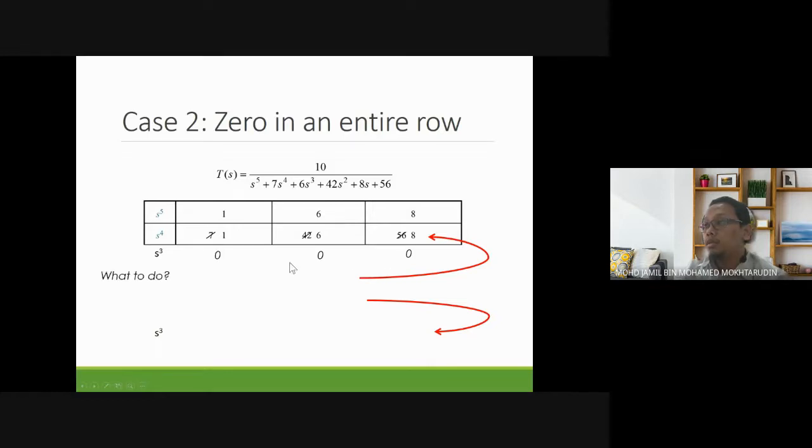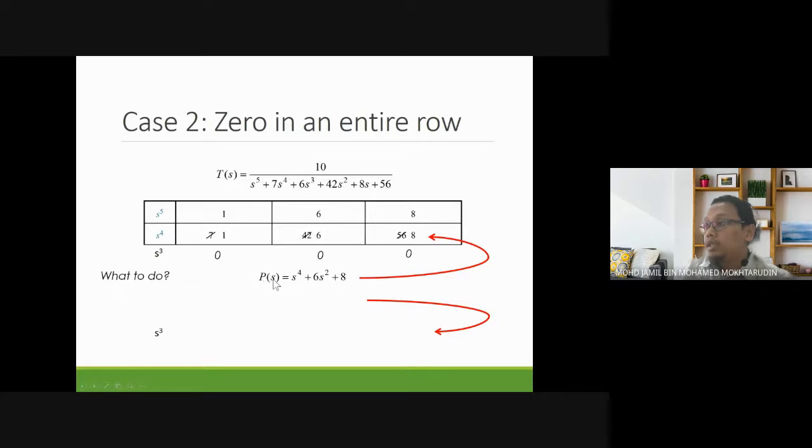So now we need to do something, because if you continue with this 0, you will get infinity for the subsequent rows. So what you need to do in this case is use the row above the row that contains zeros. Use the row above to generate a polynomial.